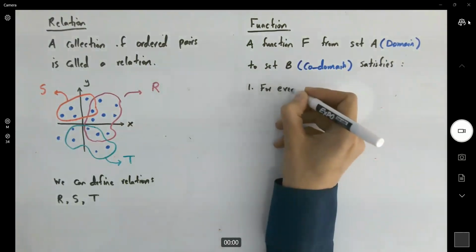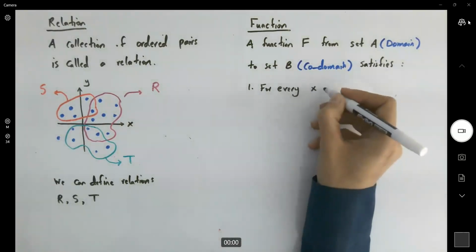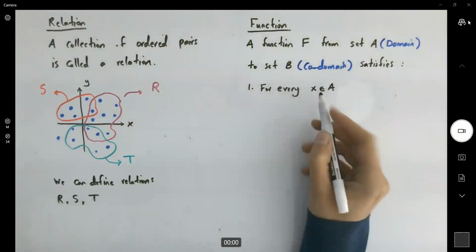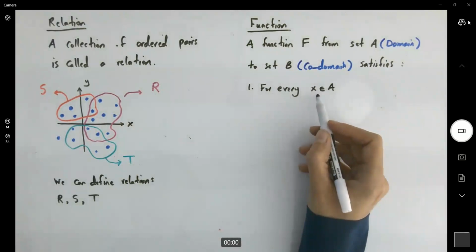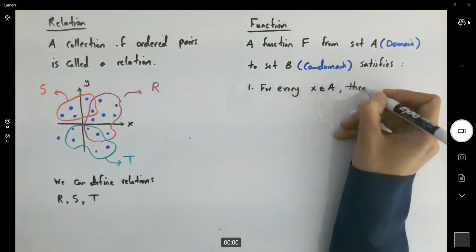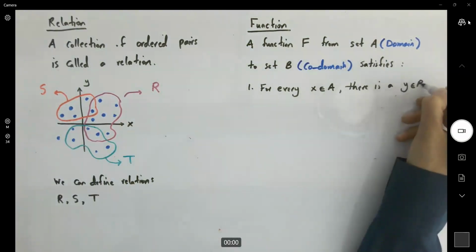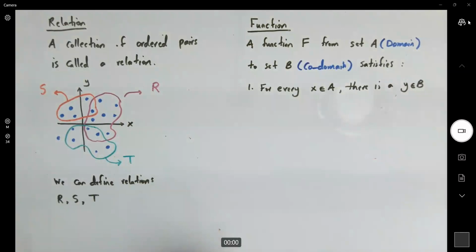the following conditions. First of all, for every x value in set A, for any x belongs to set A, there is a y value in the codomain, in your second set. Okay, so far so good.